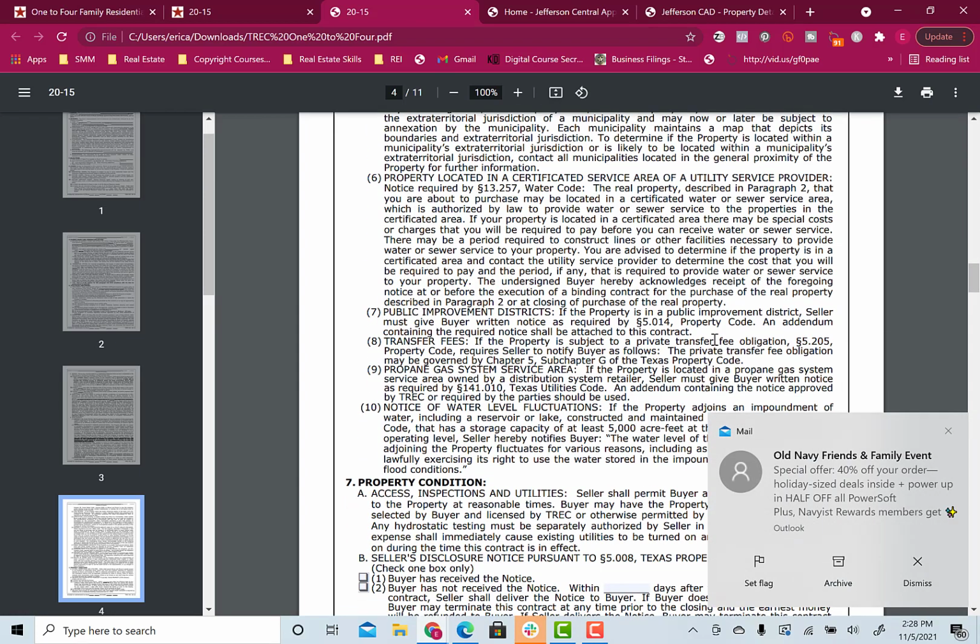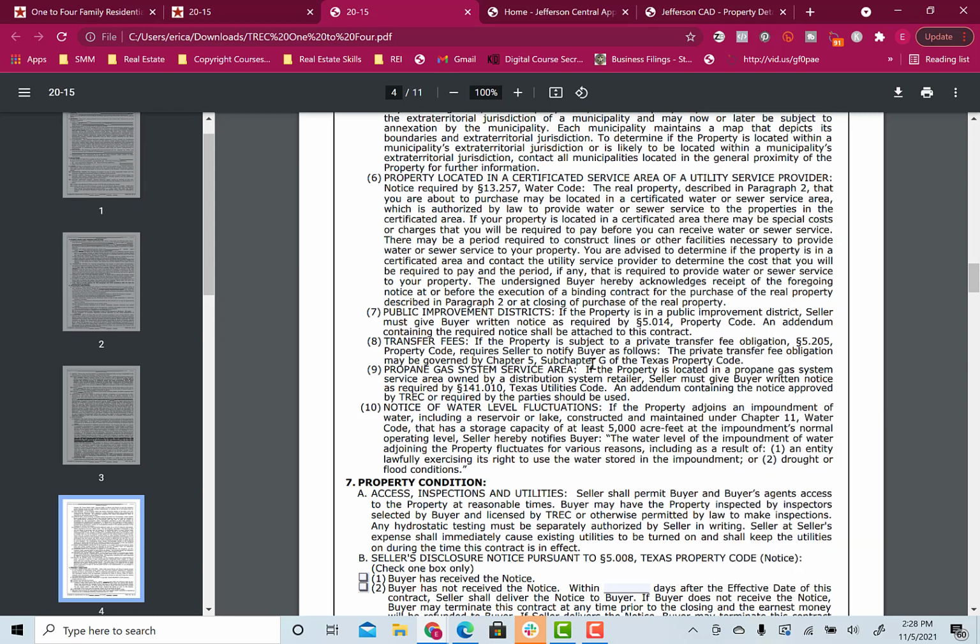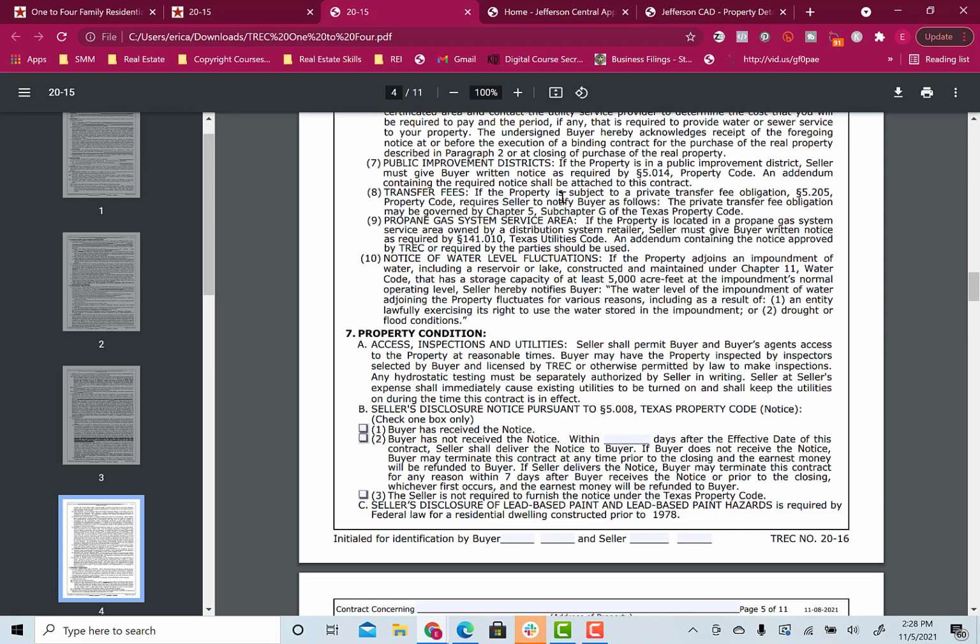And transfer fees, there are some transfer fees usually with a property owners association, but these have to do with private transfer fees that have to do with developers, because sometimes developers can put a transfer fee on the deal as well. So that's something to identify, and that the title company should identify for you.